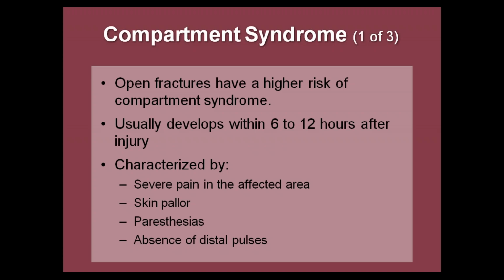You're going to have skin pallor, some numbness, and you could have the absence of distal pulses. And that last one, the absence of distal pulses, is a late sign for compartment syndrome. So late sign.